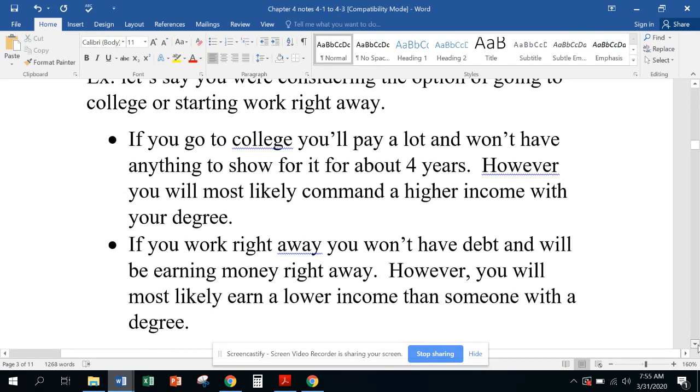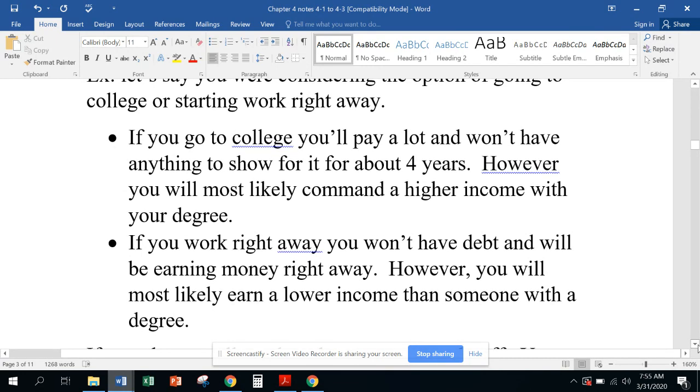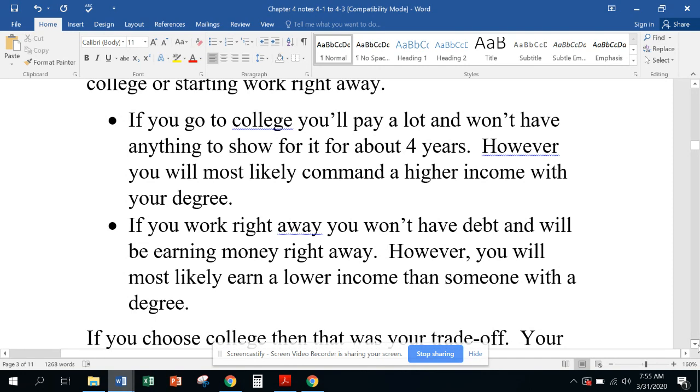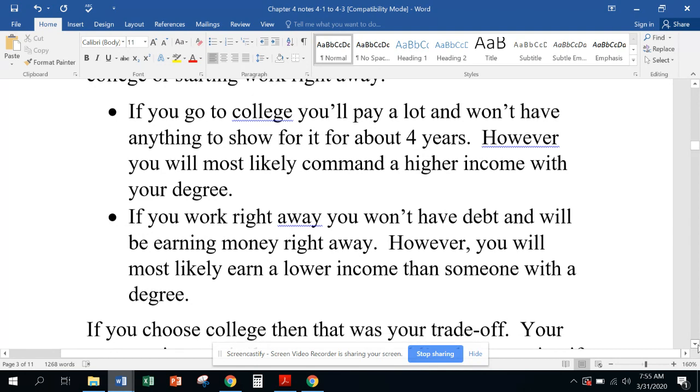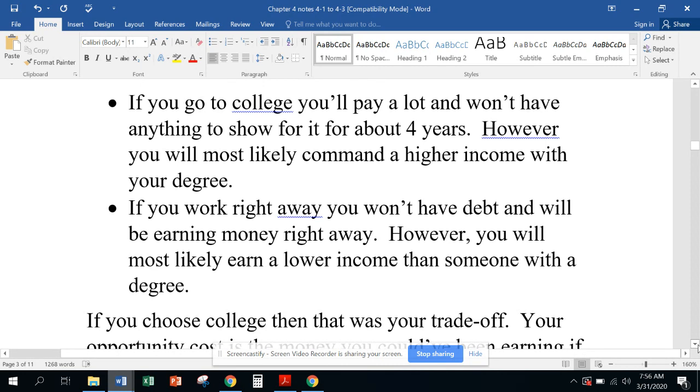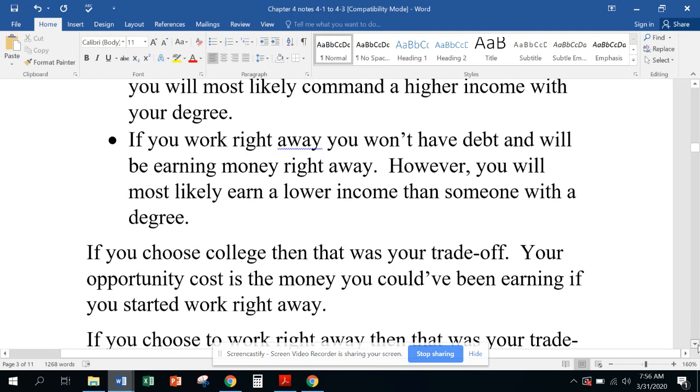However, we're most likely going to command a higher income with our degree. But if we work right away, we're not going to have any debt and we'll be earning money right away. However, what we'll be earning will most likely be lower than someone who has a degree.